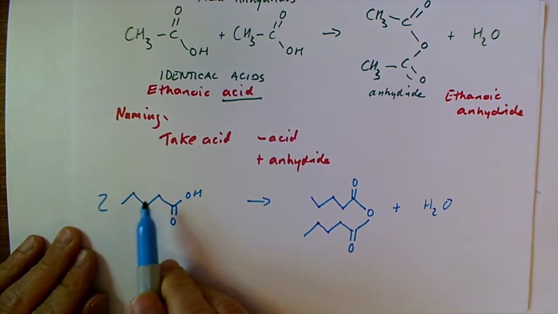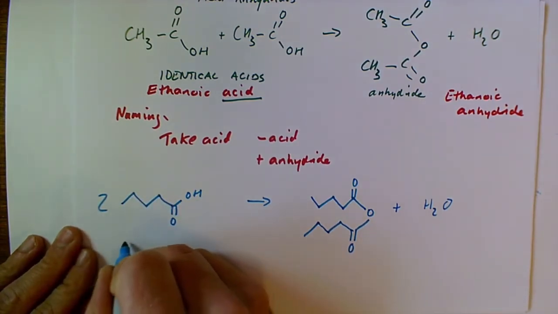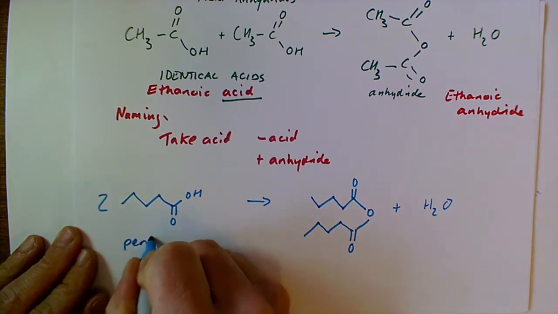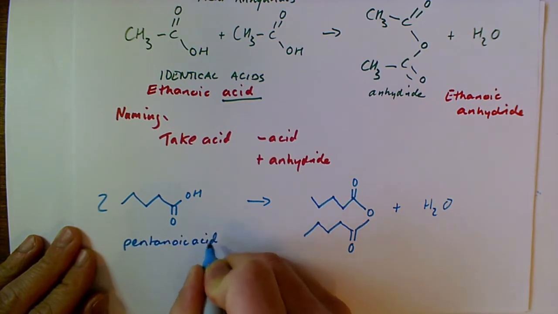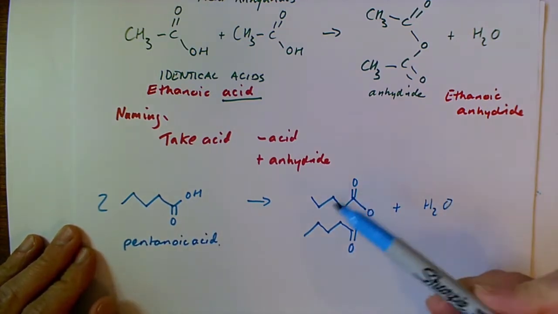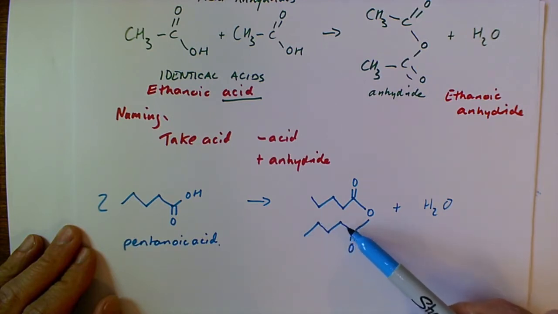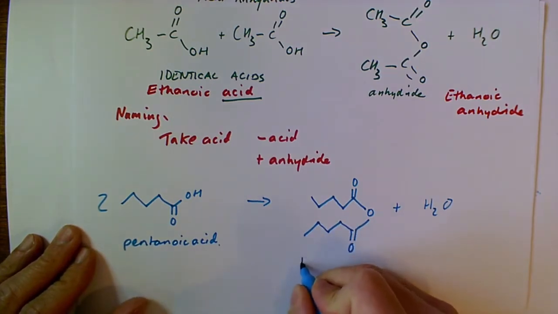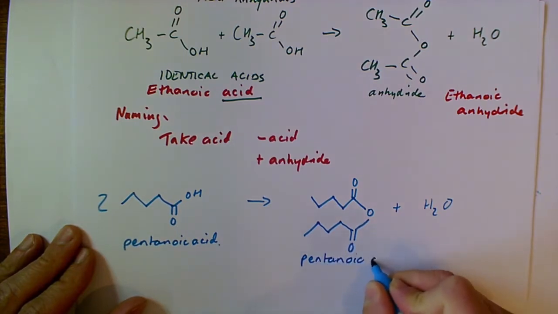Over on my left here, I've got 1, 2, 3, 4, 5 carbons, so therefore it's pentanoic acid. Over on this side, it's going to be the same, 1, 2, 3, 4, 5, and we're going to replace the acid with anhydride.